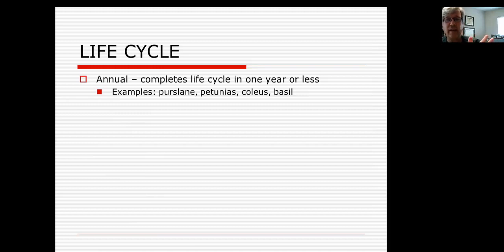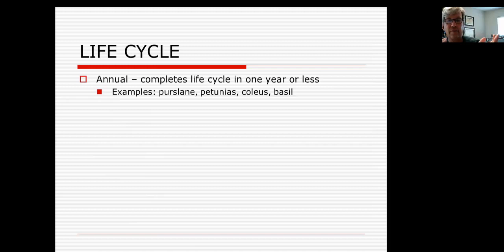Some plants only live, once it germinates, for a few weeks. Others will live for a full 12 months or 9 months or 10 months. But you start with the seed, it grows, it flowers, it makes new seeds, and the plant dies. That's what we typically mean by an annual.